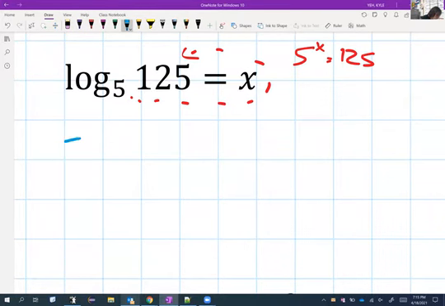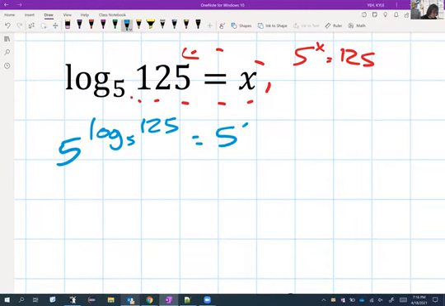What we are doing mathematically is raising 5 to the left-hand side equals 5 to the right-hand side. This is something we can do. We're doing the same thing to both sides of the equal sign, so we're keeping this equation. 5 to the left equals 5 to the right.